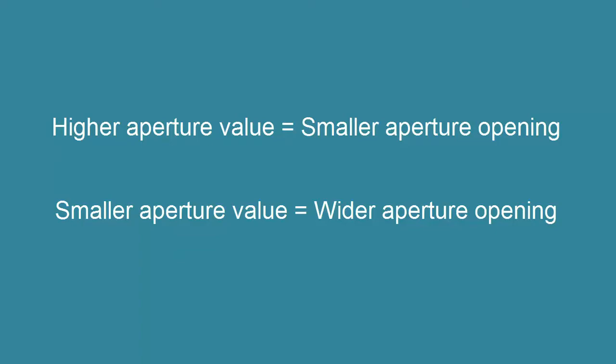So it's inverse. And similarly, the smaller the aperture number, the wider the aperture opening. So this is f22, and as you go: f16, f11, f8, f5.6, f4, f2.8, and this is f2. So this is f2 right now.